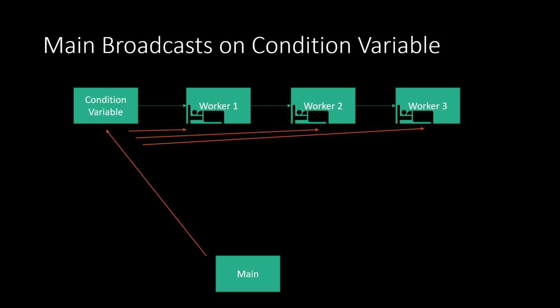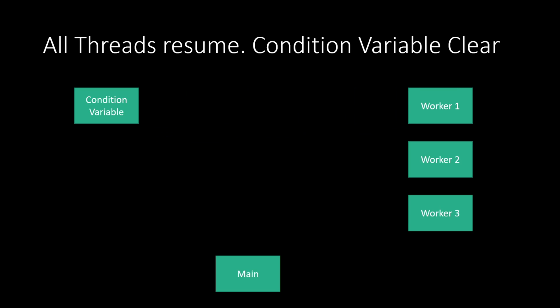And within this broadcast domain, essentially all of these threads are woken back up. And so we end up eventually in a situation essentially like this. There are some additional complexities that have to do with essentially the lock that's associated with the condition variable that I'm just going to ignore for now.